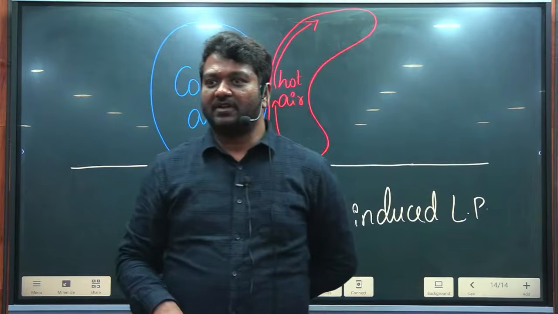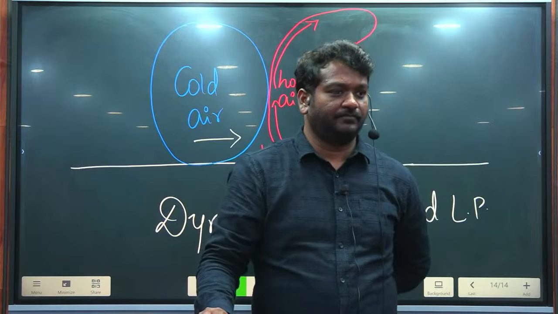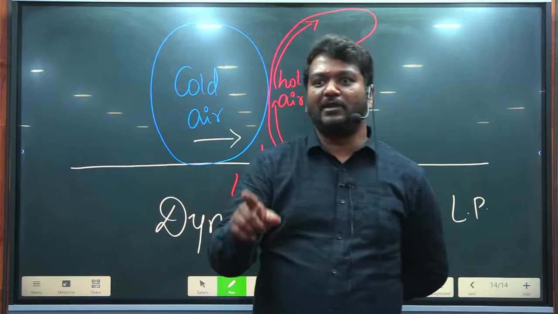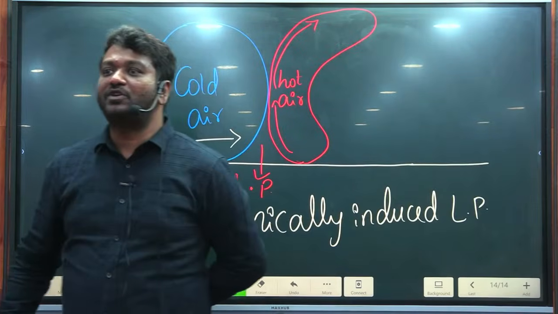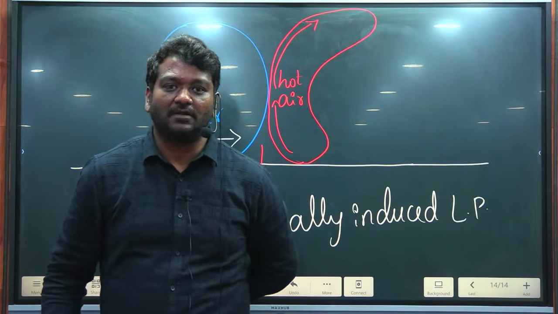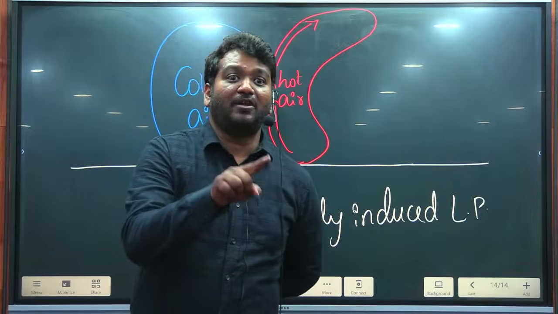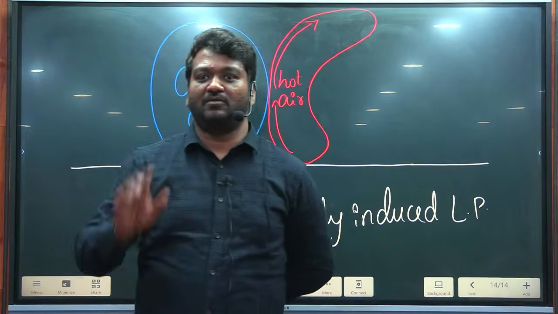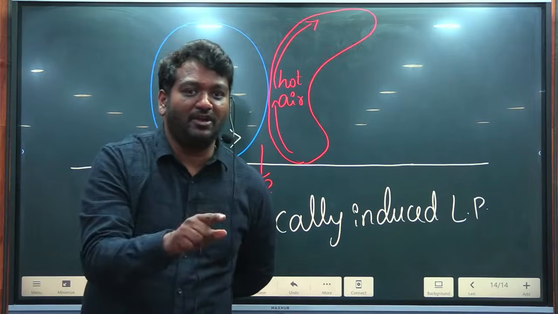Russia also has a cyclone. Tamil Nadu also has a cyclone. Tamil Nadu is closer to the equator, so will it have high temperature or low temperature? High temperature means Tamil Nadu has a thermally induced cyclone. Are you getting the point?